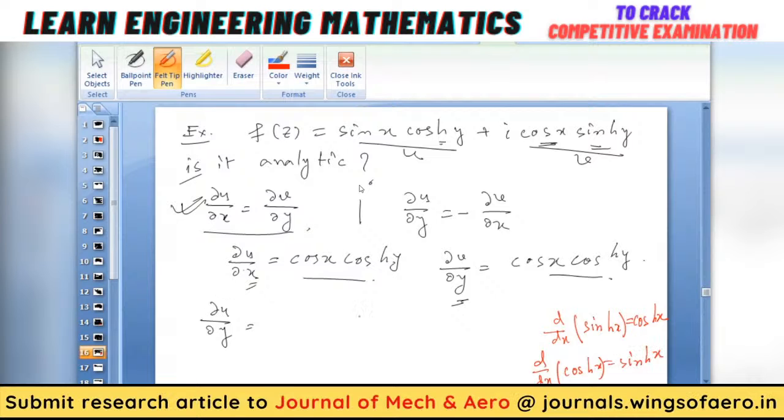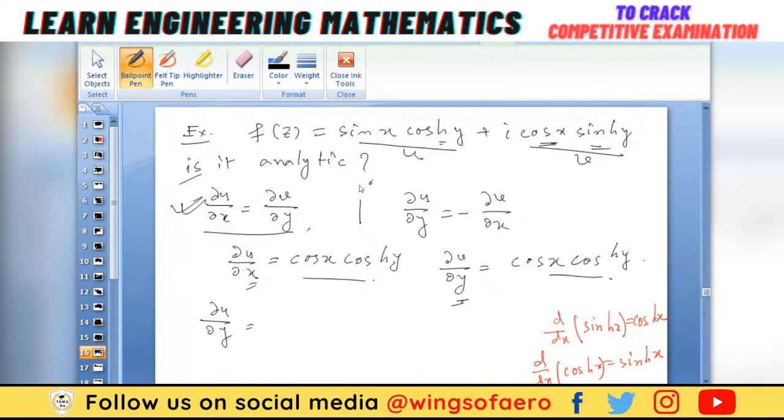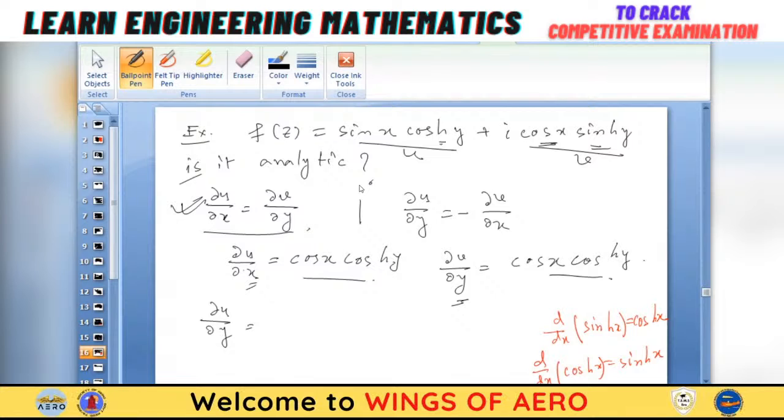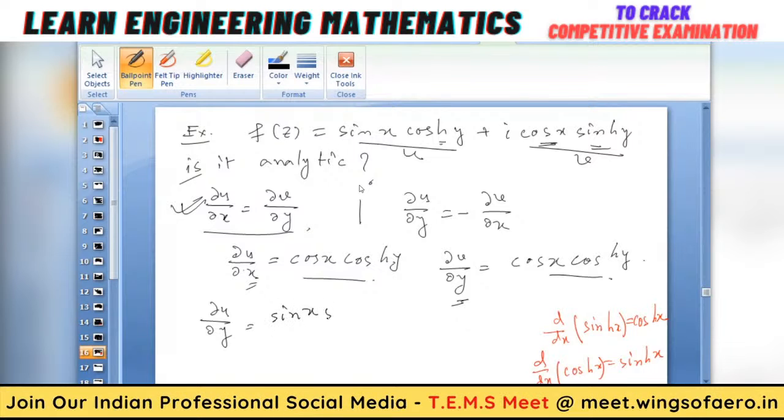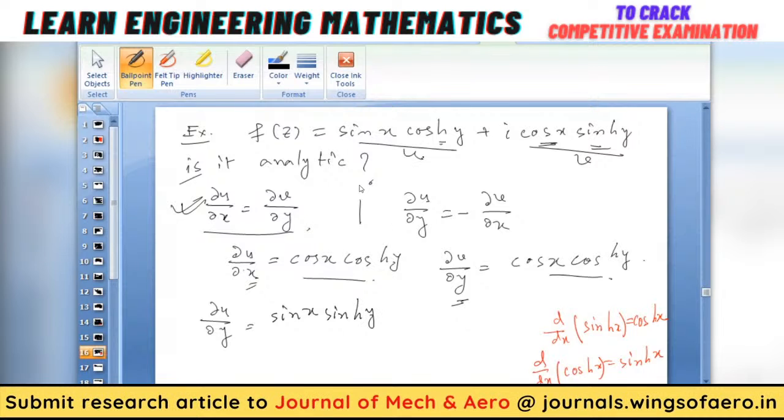Do not use a minus sign here. A hyperbolic function is not like the general cos x or sin x function, where there will be a minus sign. So del u del y is sine hyperbolic y only, and sin x is a constant term. Sin x sine hyperbolic y is the derivative of del u del y.